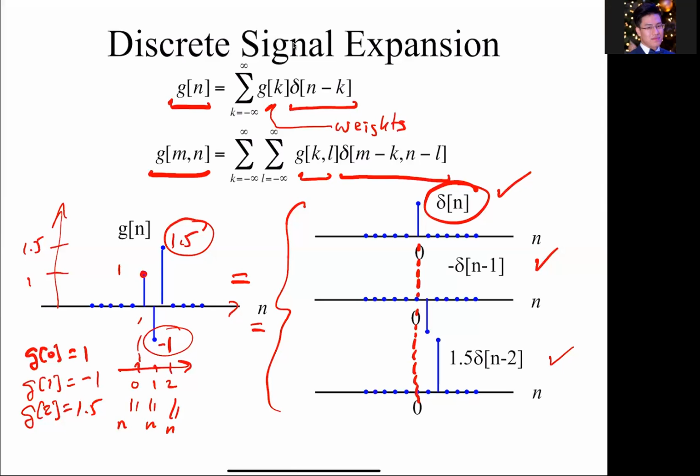Yeah, Professor. So why are we writing the g function like this? What's the intuition behind it? Oh, right. It'll become a little more clear, but just to give you a preview of coming attractions, the reason we're writing it this way is that in engineering science, it's always good to break down signals into smaller parts. Later on, when we talk about Fourier transforms, we'll break them into sines and cosines.